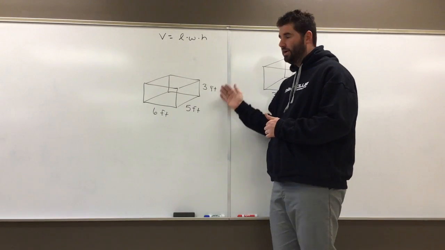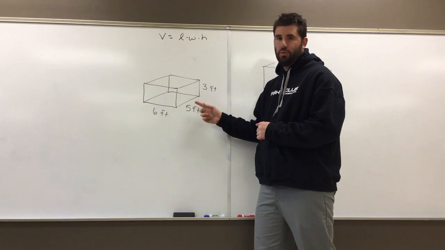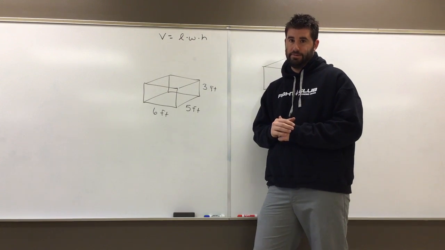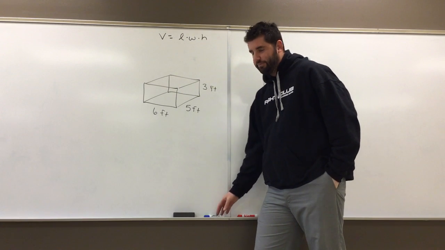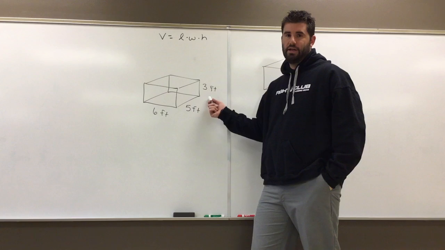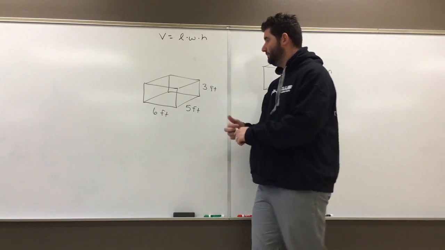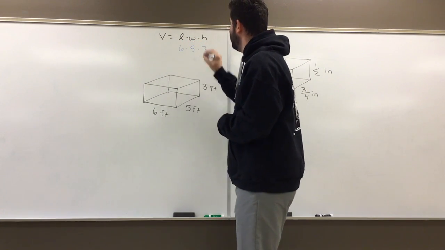So if you look right here, this is a three-dimensional shape. We have our length and our width, and we have how thick it is as well. That's 3 feet. So we will be using this to calculate volume. And again, the math is pretty simple. You just take these three numbers, length, width, height, and you multiply them out. 6 times 5 times 3.